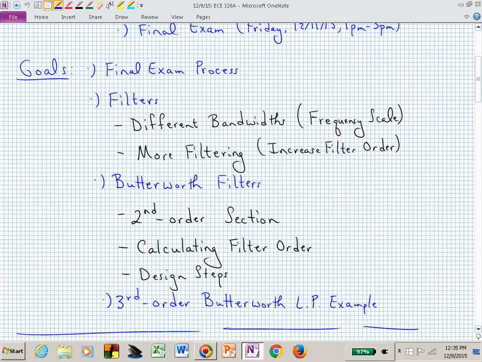Today we will talk about a generic second order section. That just means a second order filter, which earlier in this semester somebody asked, can we actually design a circuit based on a transfer function? Now you can. If somebody now says, I need a fourth order filter, and we'll figure out how to calculate the order of the filter that we need, how do I build that?